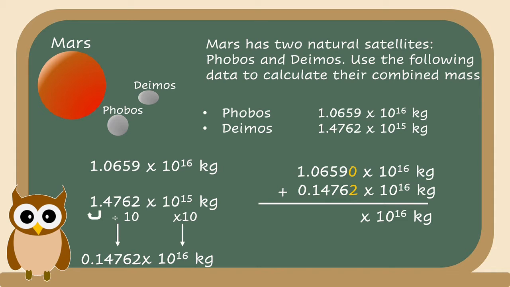So 0 plus 2 is 2. 9 plus 6 is 15. Don't forget to carry the 1. Then 1 plus 5 plus 7 is 13.